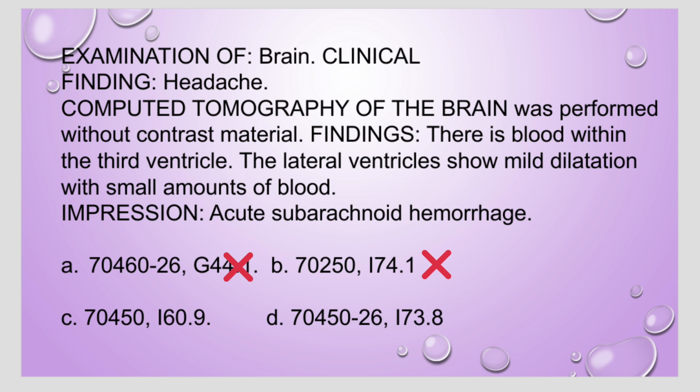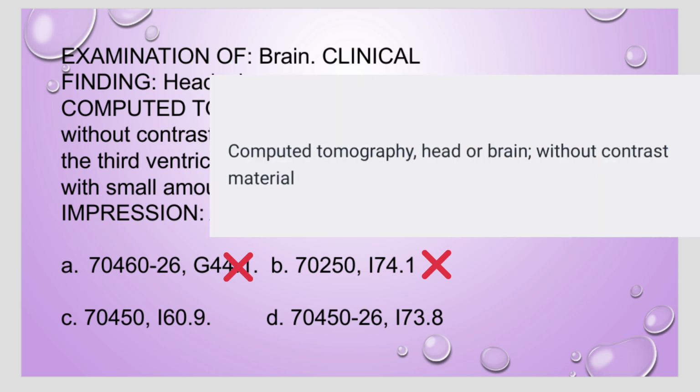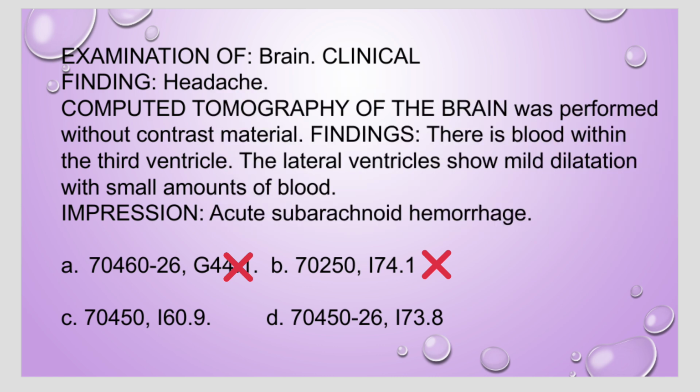Next, check option C, 70450. It is for CT head or brain without contrast material. So it matches exactly. So let's keep this option. In option D, we are having 70450, same as option C, along with modifier 26. So we'll check the scenario.